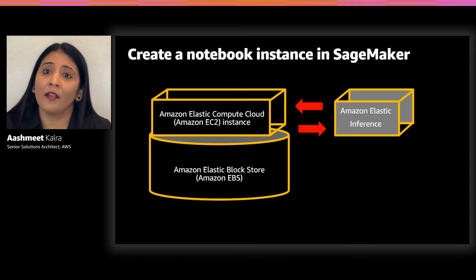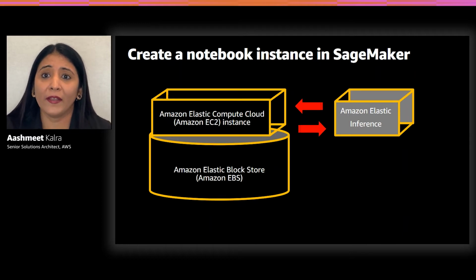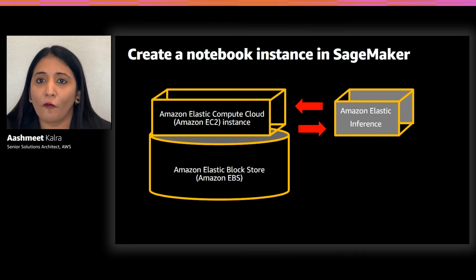Now here, based on the data classification level and the security requirements of your project, you can choose a number of capabilities. Along with that, when you set up your notebook instance, you can also set up lifecycle configuration, which are a set of scripts which can be executed in the beginning of your notebook.